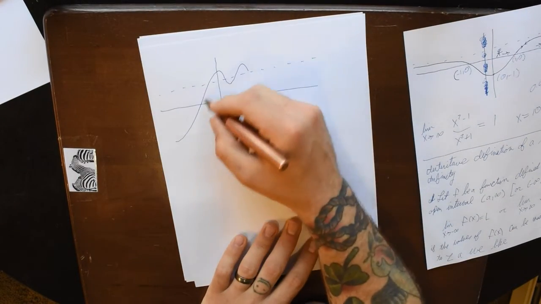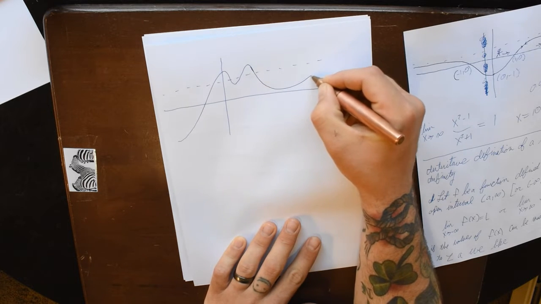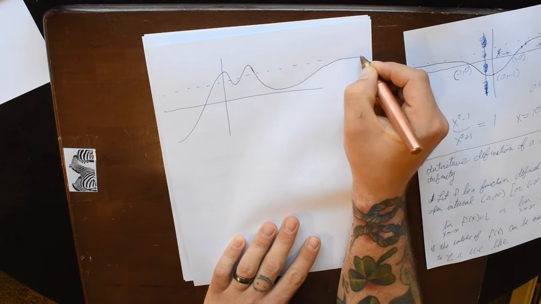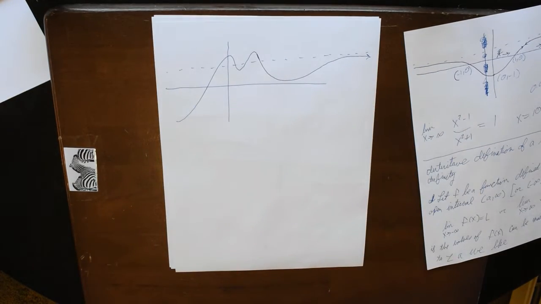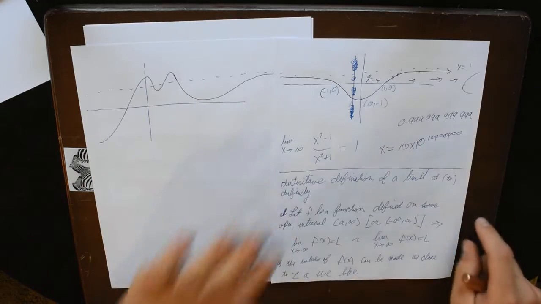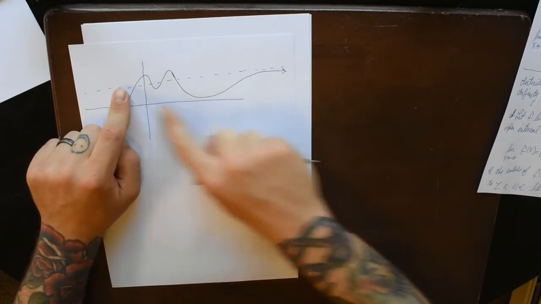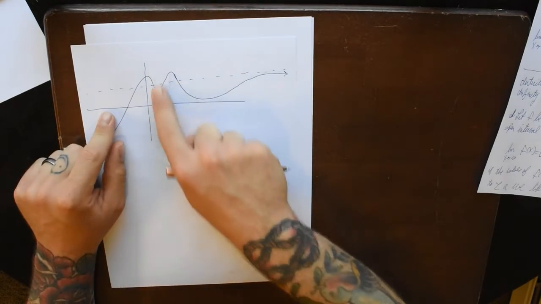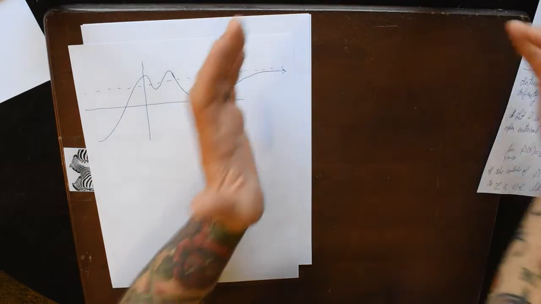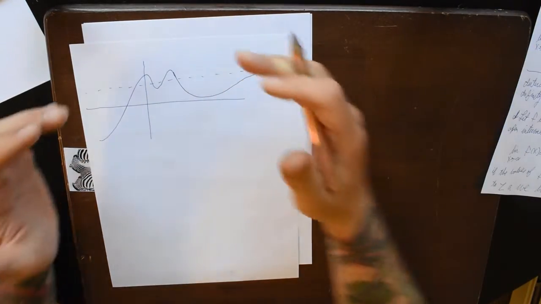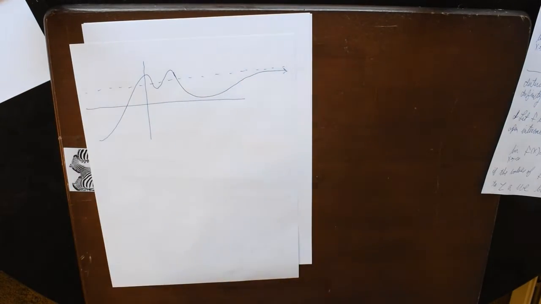But if we have a function that oscillates once or twice and eventually settles down and then approaches a value, that's fine. We are talking about end behavior, about, for lack of better terms, obnoxiously large values of x. We can cross the horizontal asymptotes a couple of times because we are concerned with this infinitely long pattern, not necessarily what happens in a local part of the graph, but these overall trends.